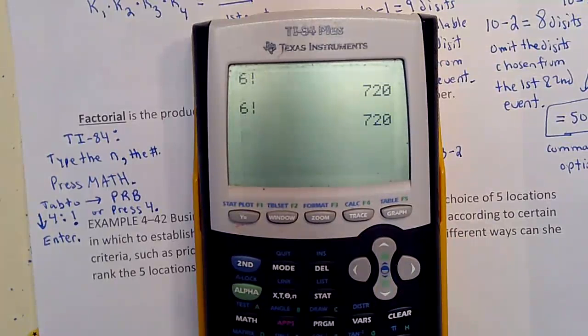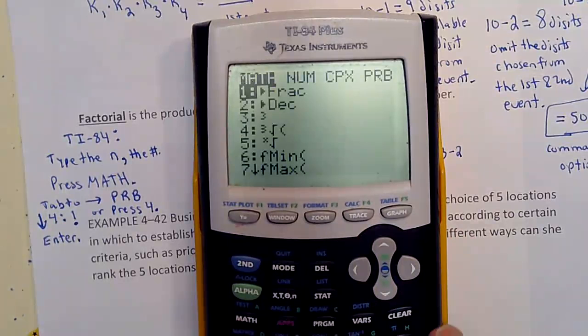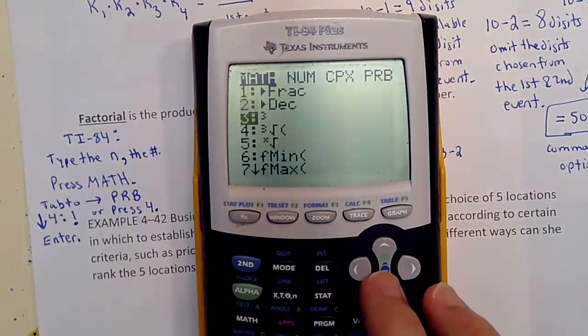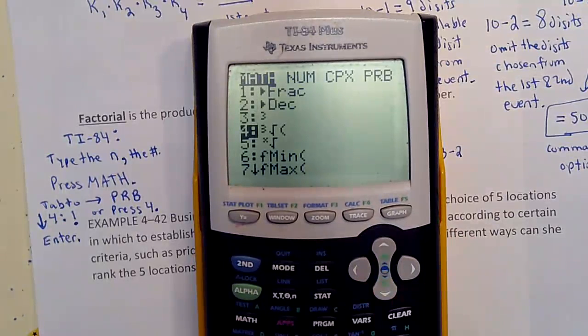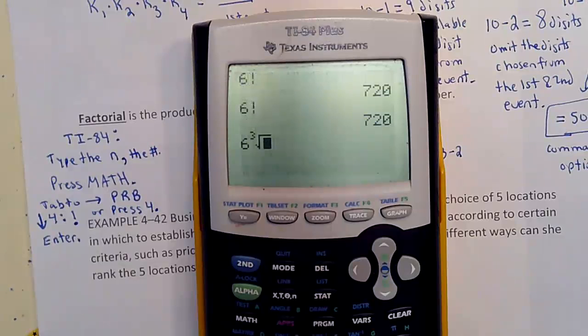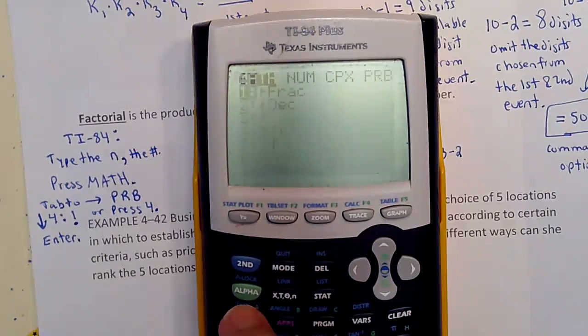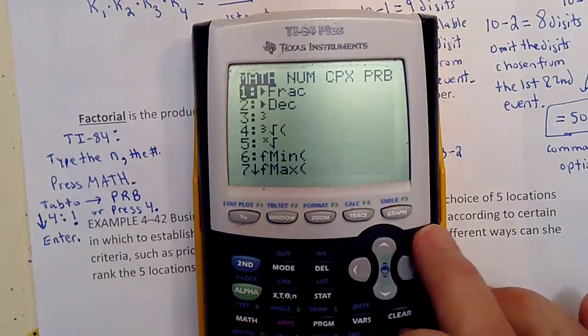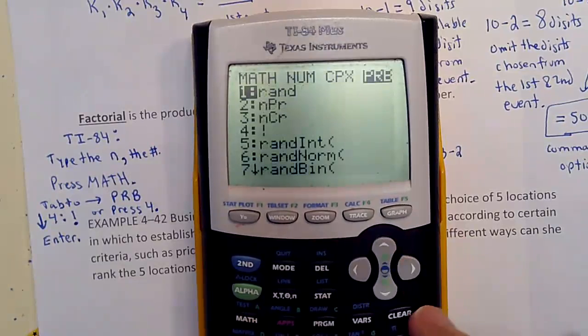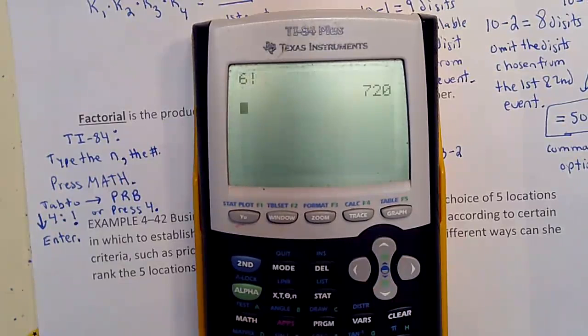So sometimes you might have to hit enter twice. Or 6 math, probability, go down to 4, then hit enter, then enter again.